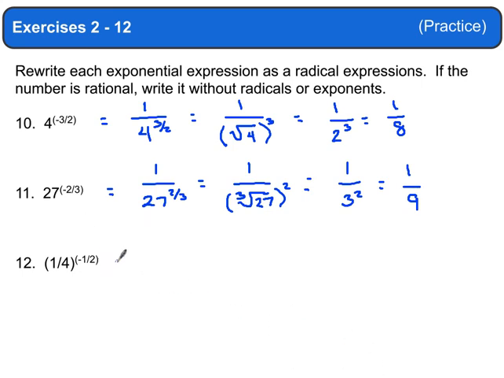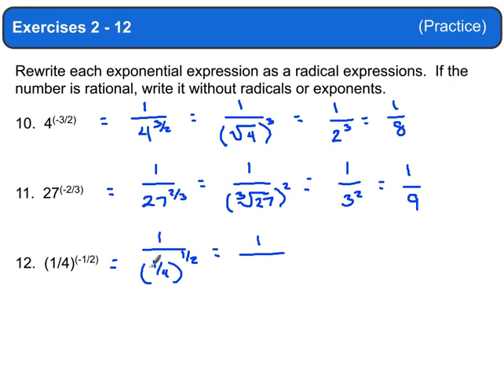So if we apply the same idea, we move this to the denominator. So this becomes 1/4 with a square root. Actually, we'll write it like this first: 1/4 raised to the 1/2 power.